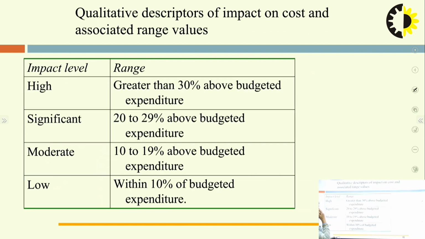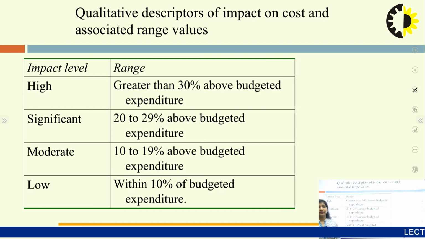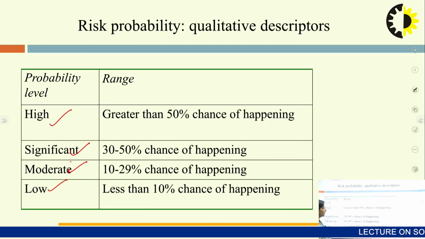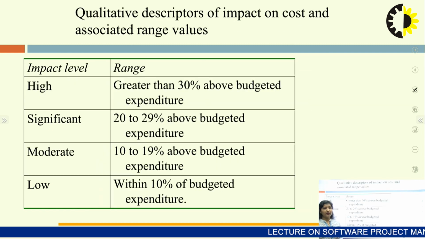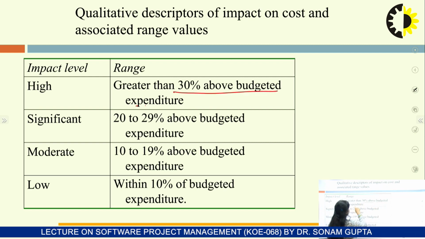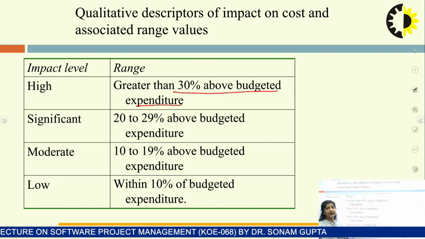Now, next one is the qualitative descriptors on impact of cost and associated range values. The first one was based on the range, that is, on the probability of happening. This next one is purely based upon the cost and the associated range values. If it is greater than 30% above budgeted expenditure, what we do during the activities is we calculate the budget as well.